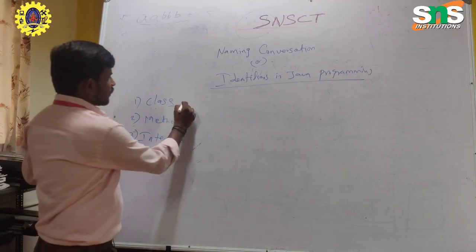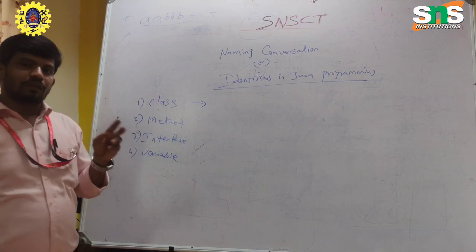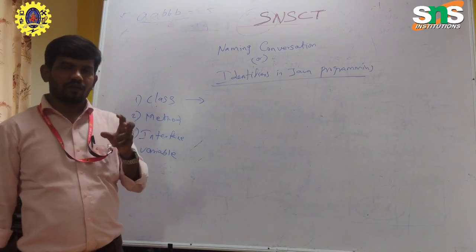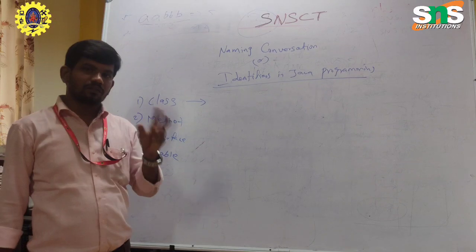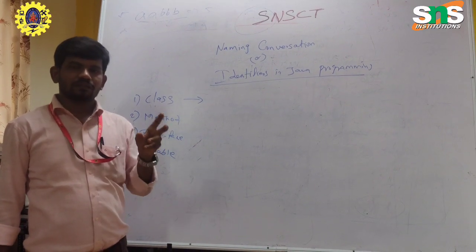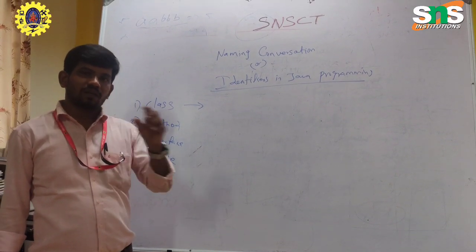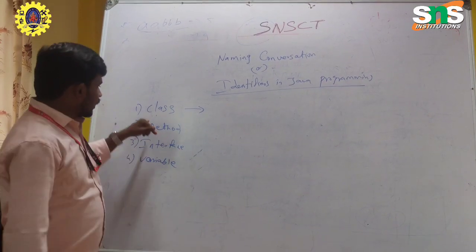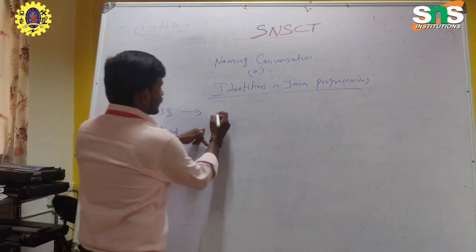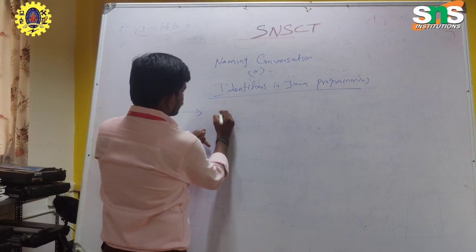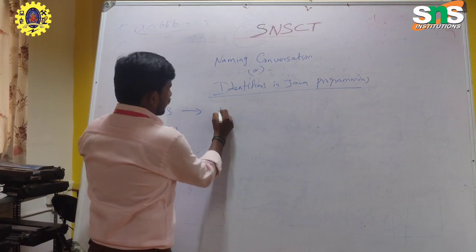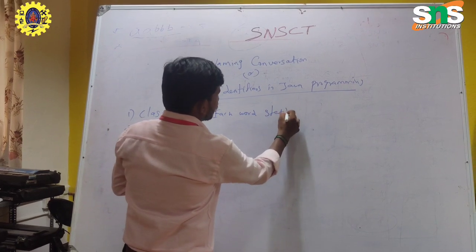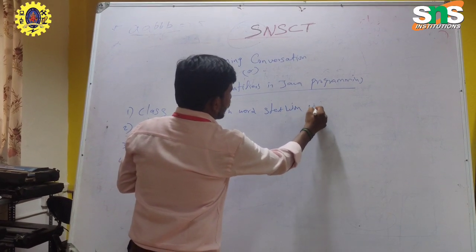The first one is the class. In every program we have a class file, so we need to define the class name. Each class file contains a class name, for example Animal, Car, or Tree. The first letter of a class name is uppercase, so each word starts with uppercase.